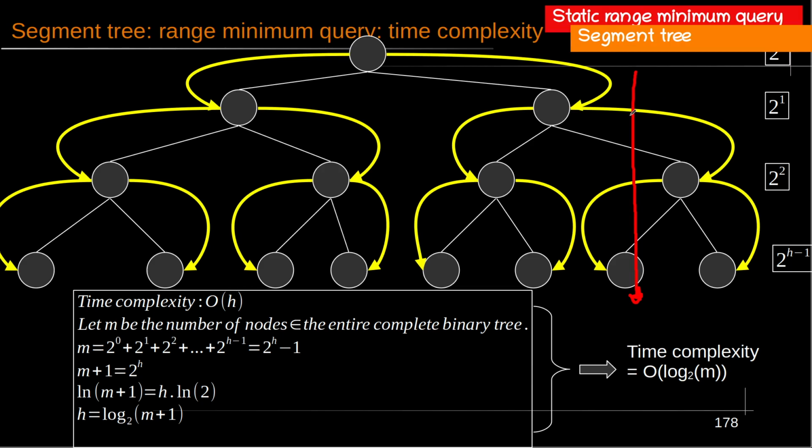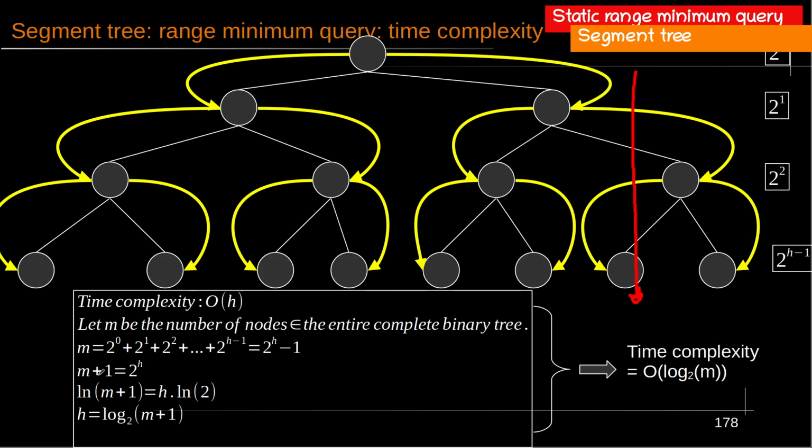So the time complexity will be in the worst case big O of the height of the tree. And like we have seen in the previous part, we can compute this height using the number of nodes in the segment tree, using this formula.